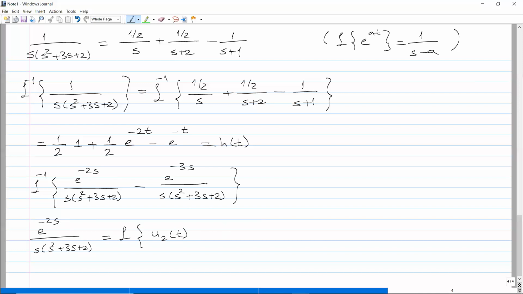The function whose Laplace transform is 1 over s squared plus 3s plus 2, which is the function h, right? Laplace transform of h is 1 over s squared plus 3s plus 2, all right? So here I need to take h of, since I have u2, unit step function at 2, I need to take t minus 2.